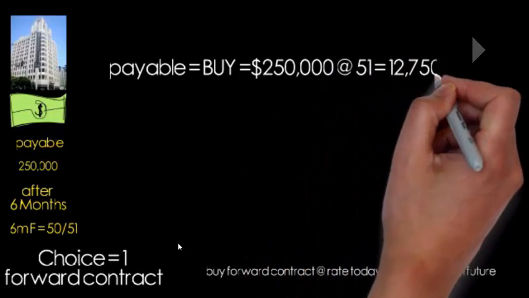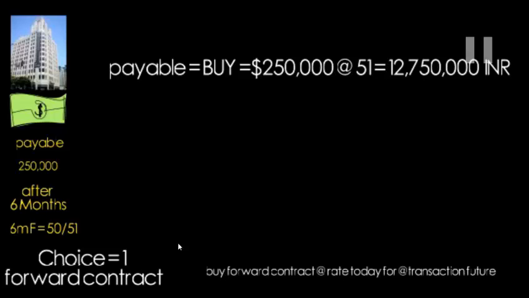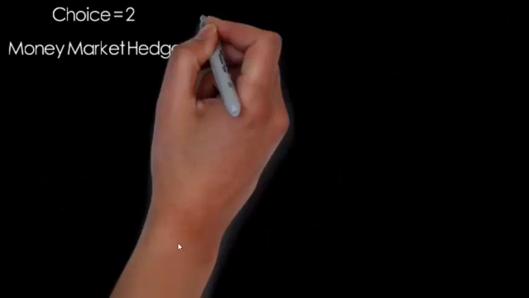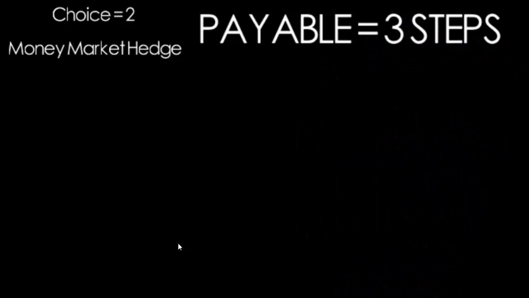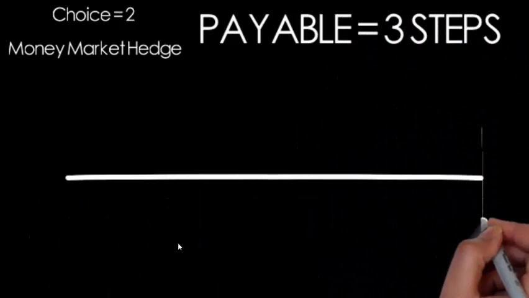I will buy this forward contract, and the outflow will be 127,50,000 Indian rupees.